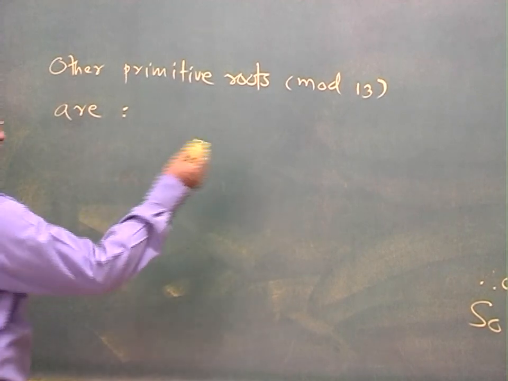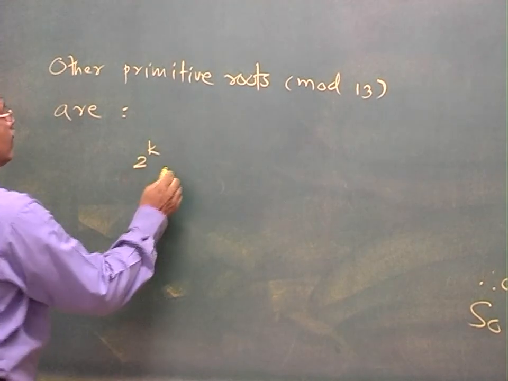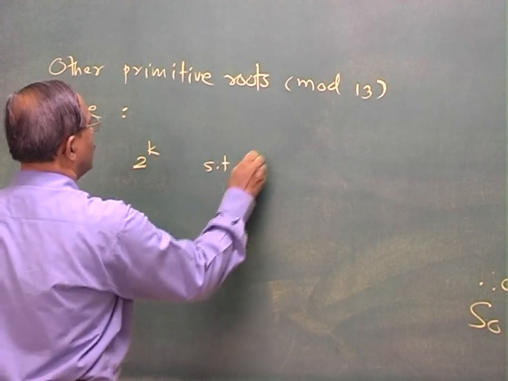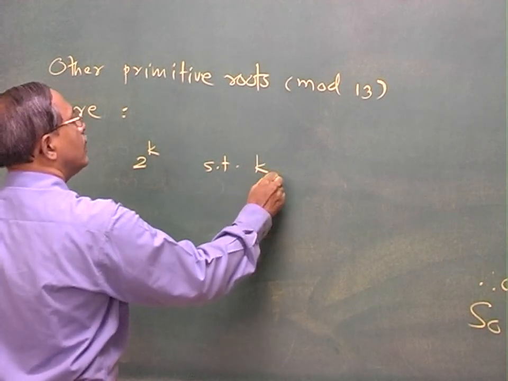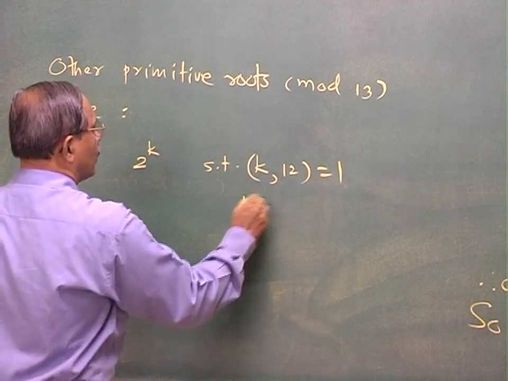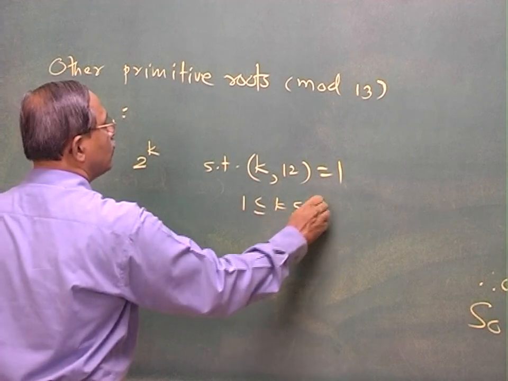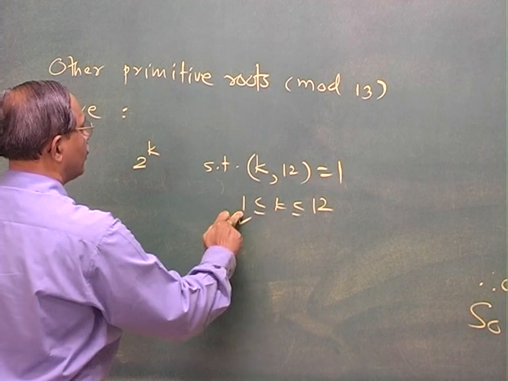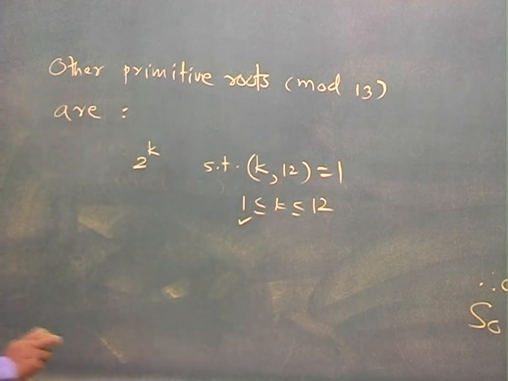they are, 2 is one primitive root, so 2 raised to k such that gcd(k, 12) equal to 1. You take 1 less than equal to k less than equal to 12 and gcd(k, 12) equal to 1, out of which k equal to 1 you have already taken, 2 raised to 1.